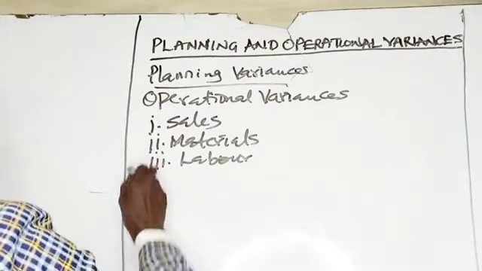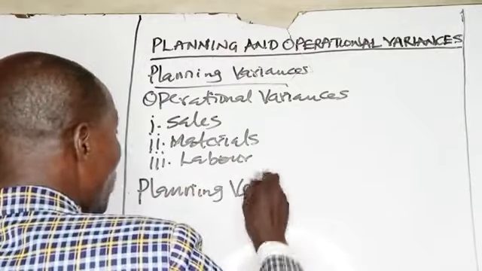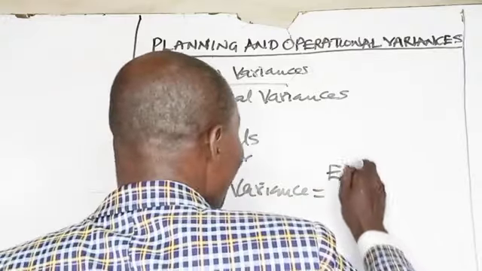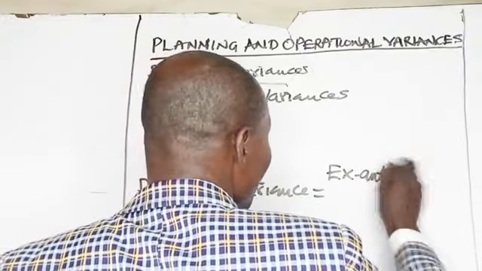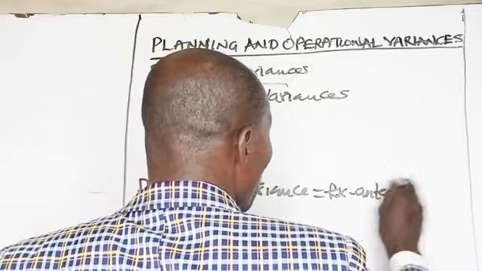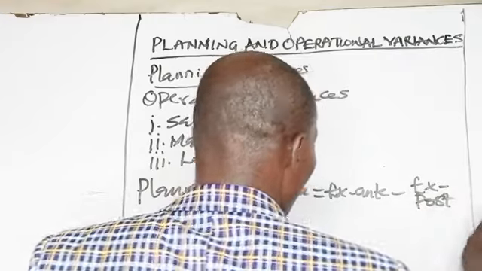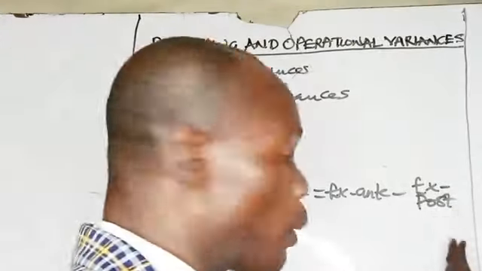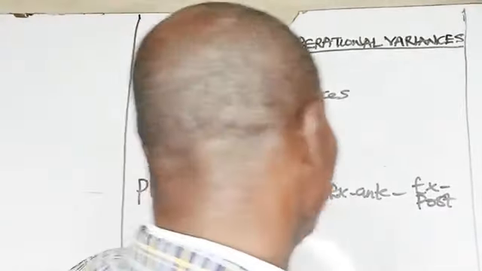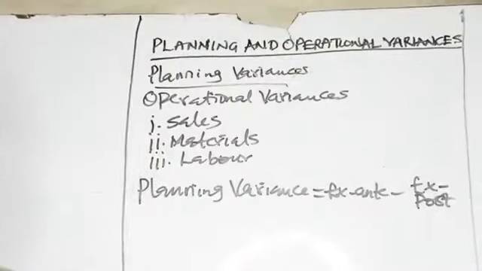When you are computing the planning variance, you want to compare the ex ante with the ex post. Ex ante minus ex post. That is the planning variance. Simply subtract the ex post from the ex ante.